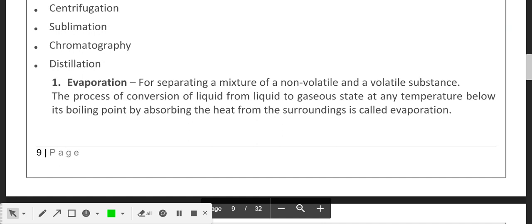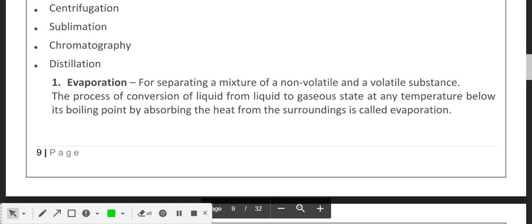By absorbing heat from the surroundings, this is called evaporation. So in the case of evaporation, when you keep salt in water and want to separate out that salt, or take seawater, and try to separate salt from it, you have to evaporate the water.